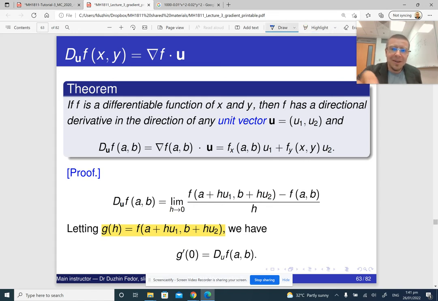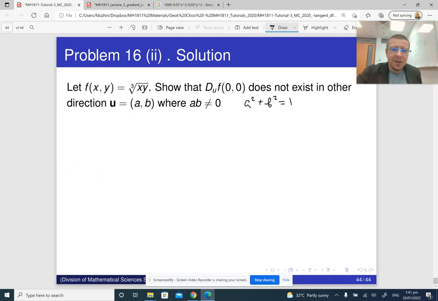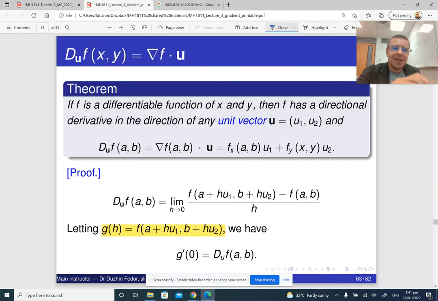Specifically, in the question, this 0 is really a, and this 0 is really b from the lecture, and this a is really u1, and this b is really u2 from the lecture. I guess it is a bit confusing, so I hope that you can change it around a little bit and still understand what's going on.